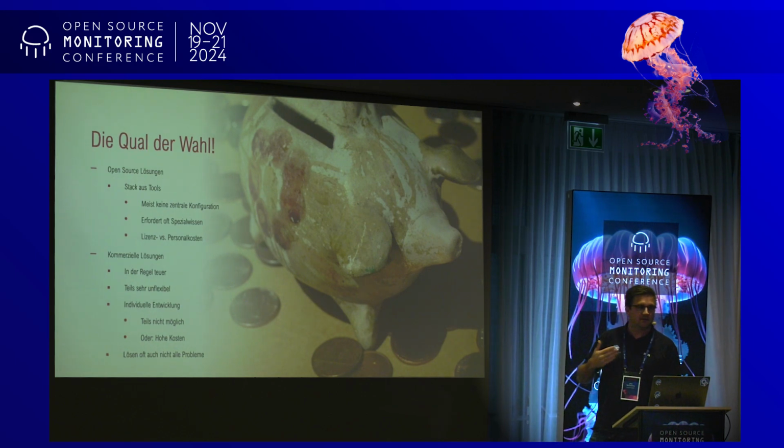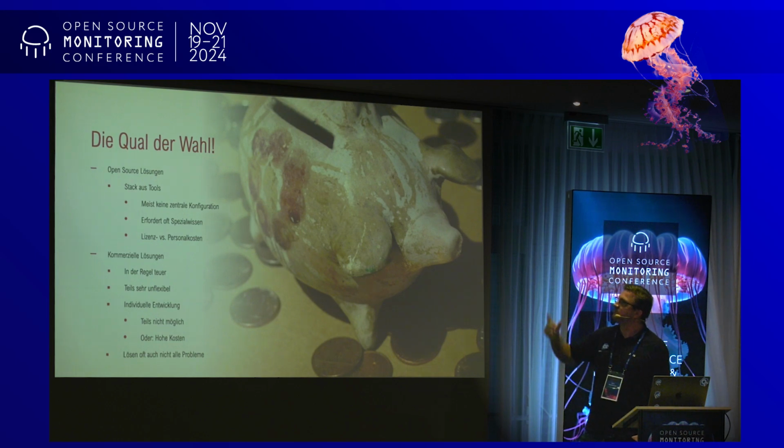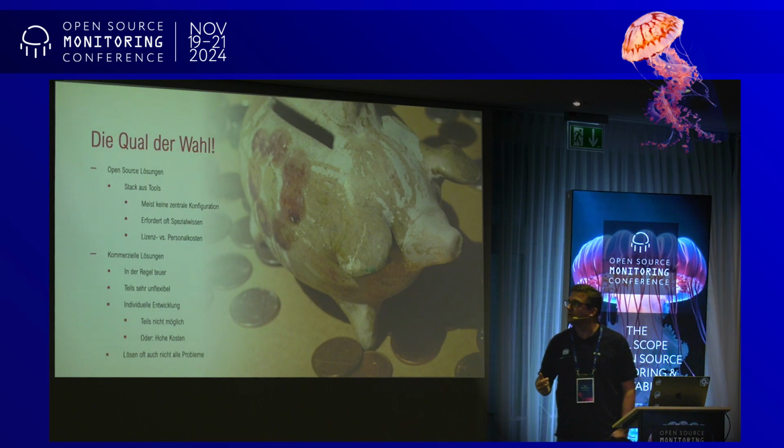It's mostly not flexible. If you want changes in the application, it's not possible, because if you go to the company and say, I need this individual development, they say, we don't do this, or they say, yeah, but it's quite expensive. So you have the choice, and it depends on you what you do.